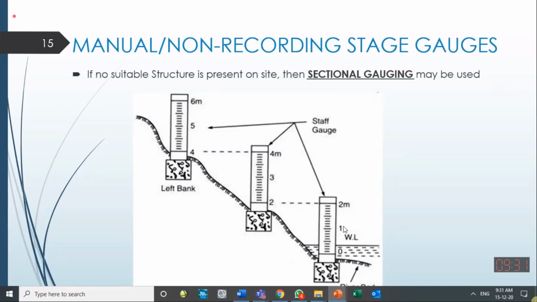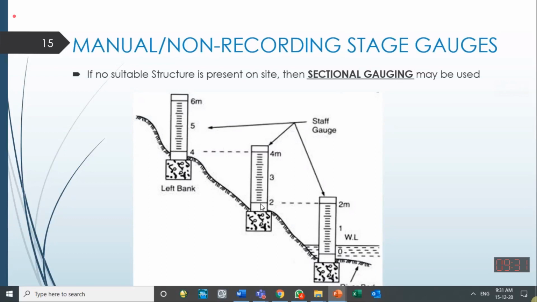Those gauges which are underwater will not be of any interest to you. Only that staff gauge which is partially underwater and partially above the water will give you the correct stage value. And all of them are linked with each other.